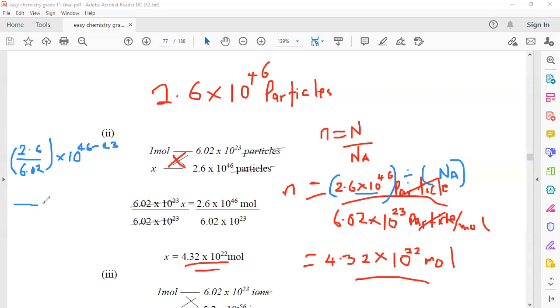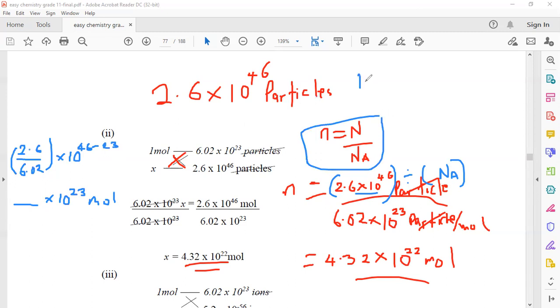So whatever you get there will be multiplied by 10 to the power 46 minus 23. So whichever method you decide to go for, you still get the same answer. So what is important is which formula you're comfortable with. So if you're comfortable with this, there's no problem.